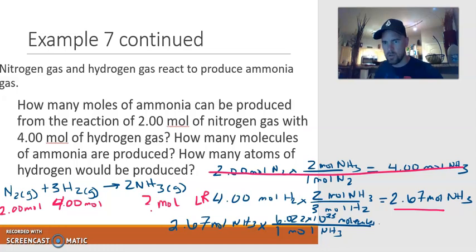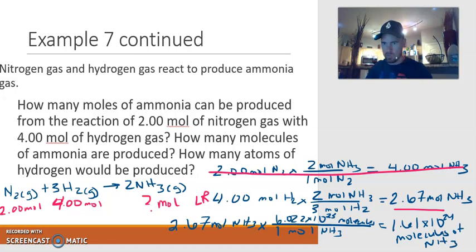Okay, and so multiplying that, get my calculator out here, 2.67 times Avogadro's number. 3 significant figures is what my answer needs to be in, and so I end up calculating 1.61 times 10 to the 24th molecules of ammonia, NH3. So that's not really stoichiometry as much as it just is a mole conversion.